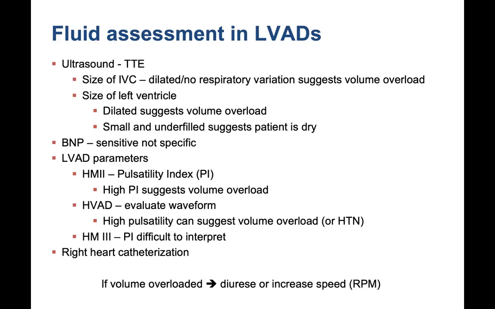However, we've just gone through how we can use our ultrasound to get a lot of the numbers that we would get from a right heart catheterization. So hopefully we can avoid unnecessary procedures and get some of that information from ultrasound to help us assess our patients. If they're volume overloaded, again, we can diurese them, or their cardiology team may decide to increase the speed or RPMs.